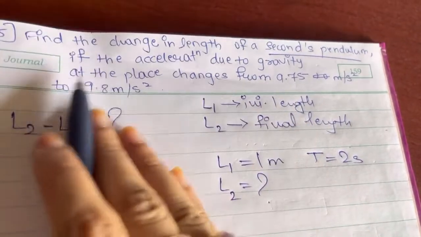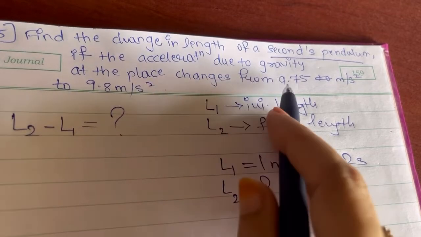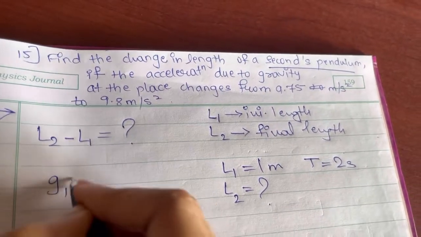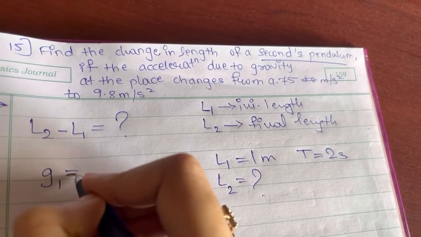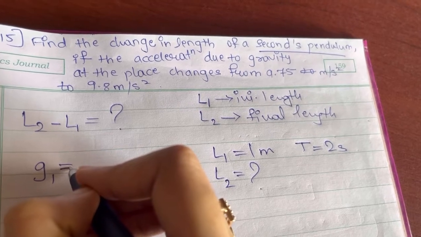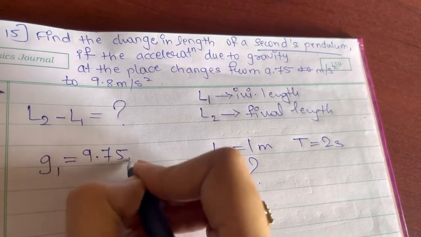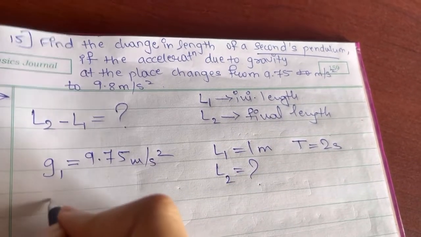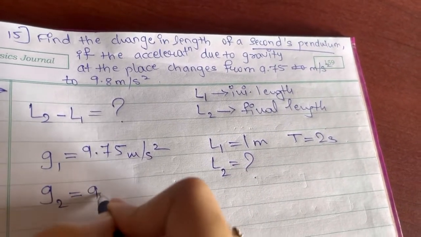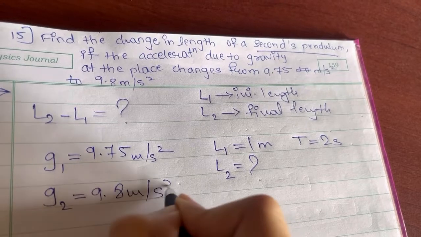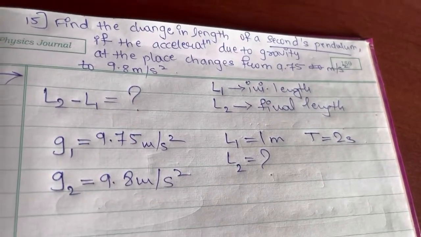If the acceleration due to gravity at the place changes from, initially, 9.75 meter per second square, and then it changes to 9.8 meter per second square. This is what we have in the question.